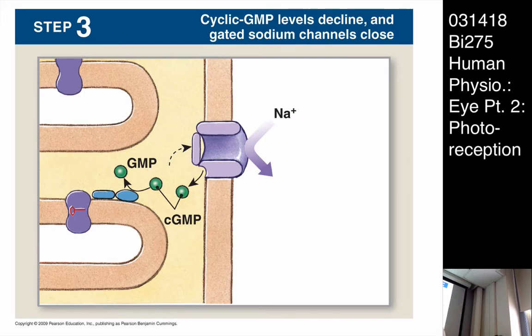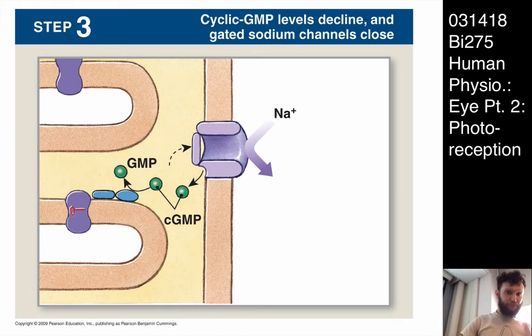Well, GMP is unable to bind to this sodium channel, and cyclic GMP rapidly diffuses off of the sodium channel, and the door swings shut. Sodium is now no longer able to pass into the cell.